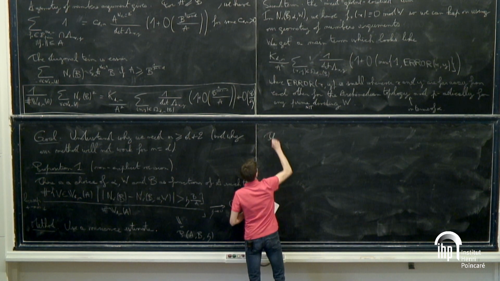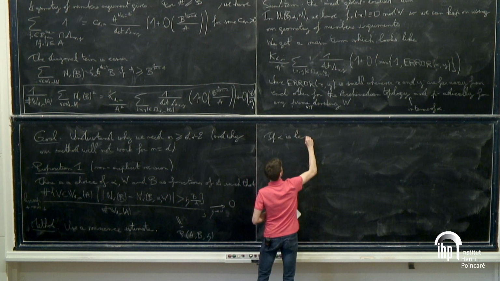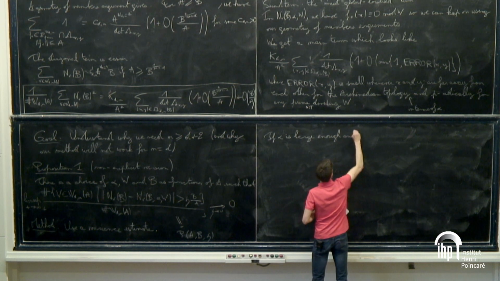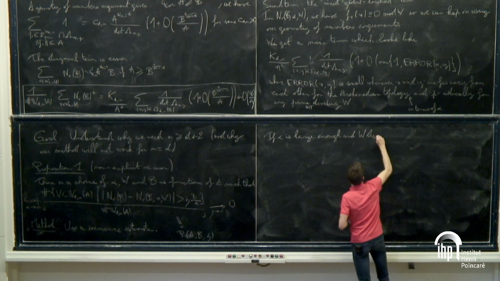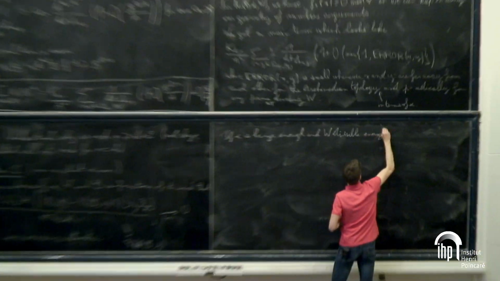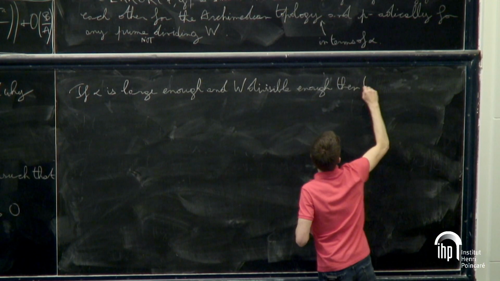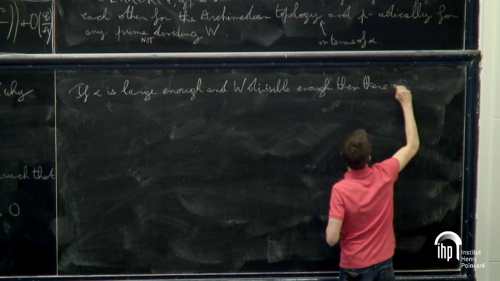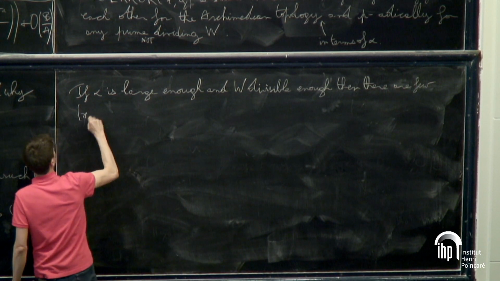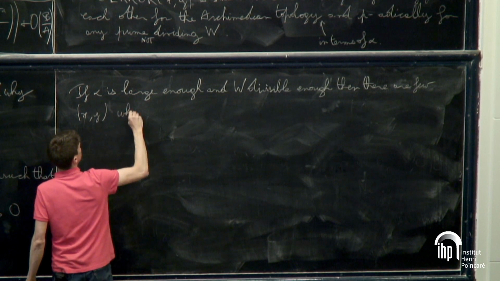Yeah, so if alpha is large enough and capital W divisible enough, then there are few x, y which are bad.